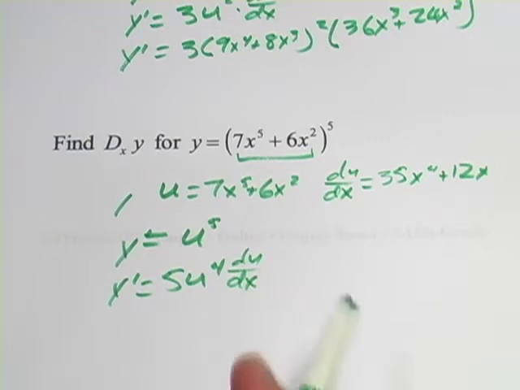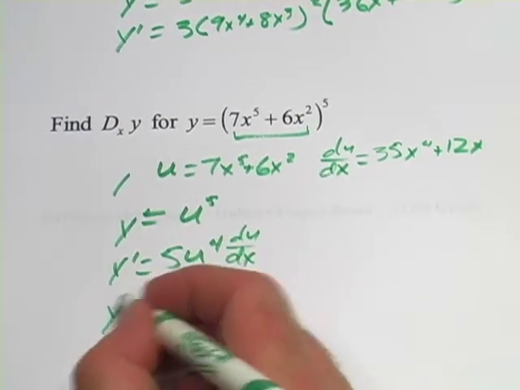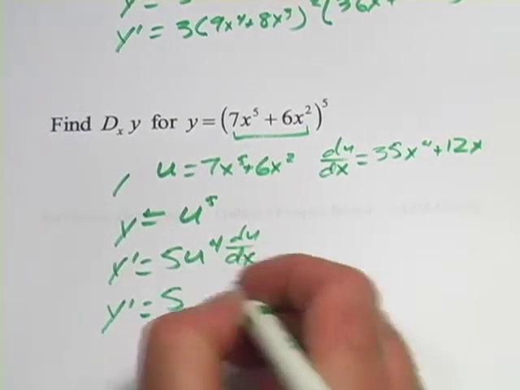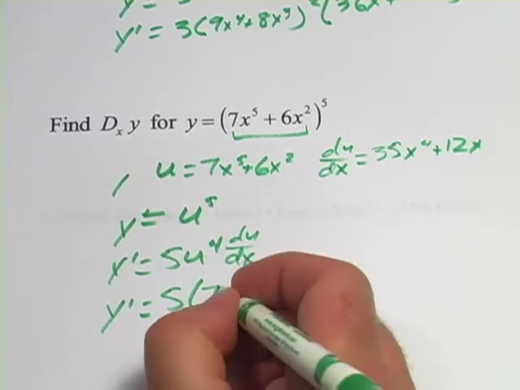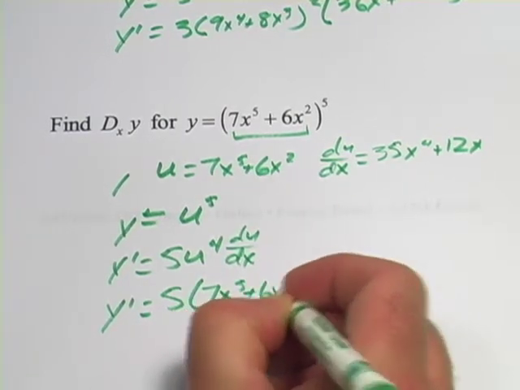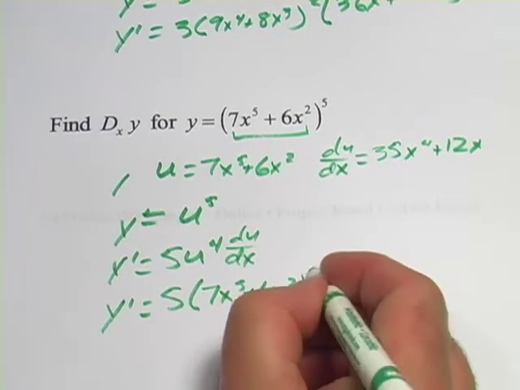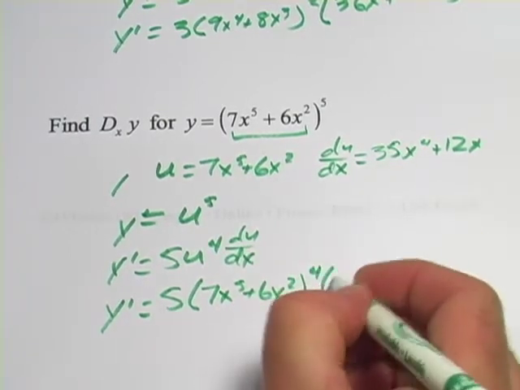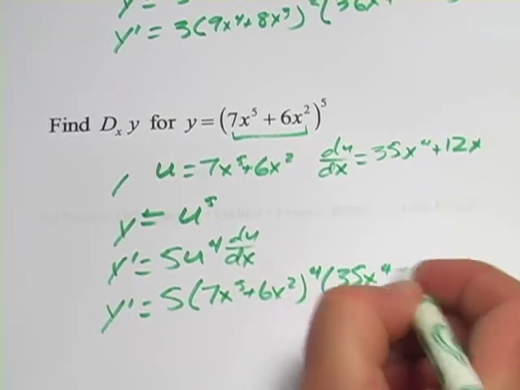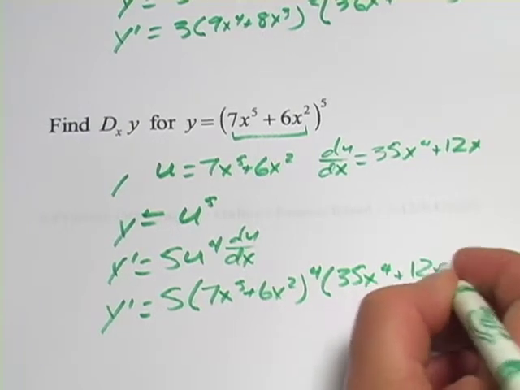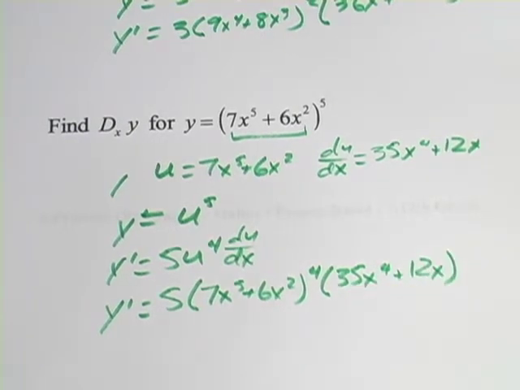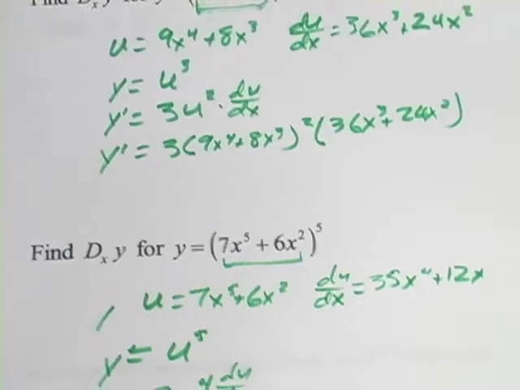And now we can substitute our values back in. So y prime is 5 times, and u is 7x to the fifth plus 6x squared, and that's all to the fourth. And du dx is 35x to the fourth plus 12x. Let's look at one more.